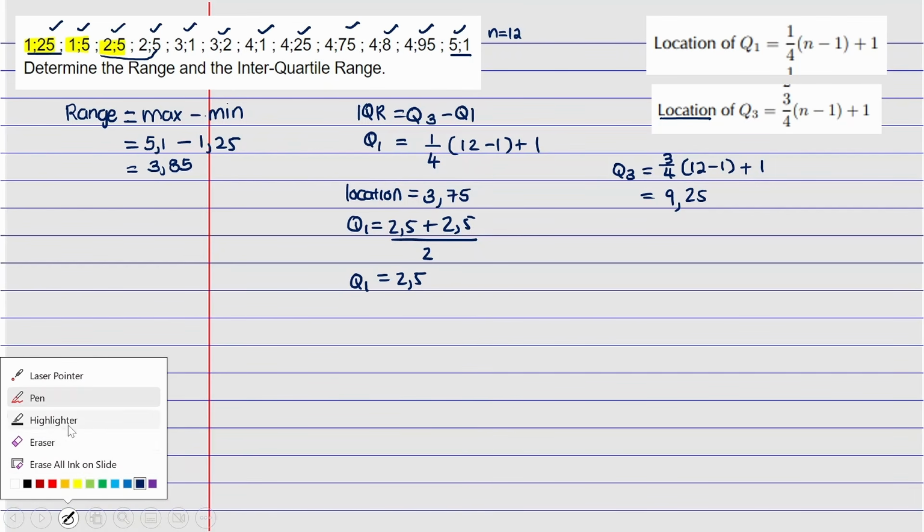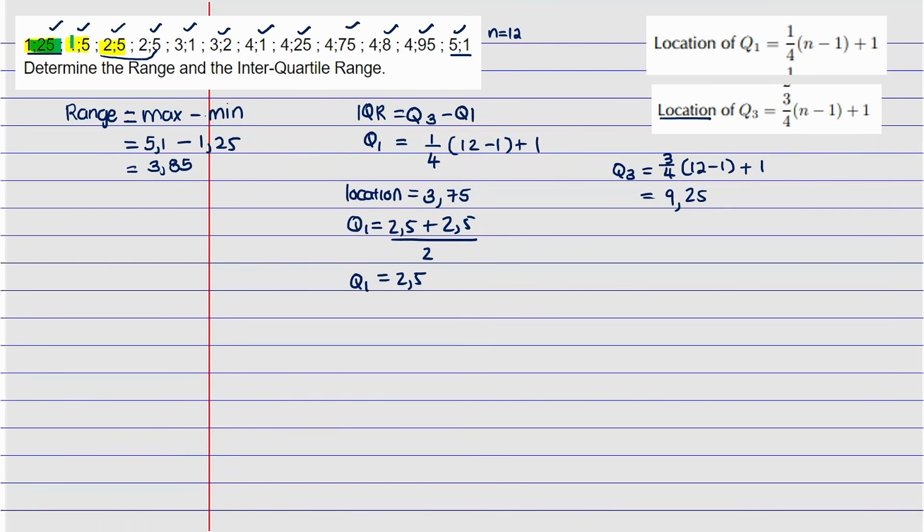So let me just take the highlighter. It's going to be 1, 2, 3, 4, 5, 6, 7, 8, 9, right? And 10. The reason why we're taking 10 is because I need these last 2 numbers since it's even. Then I'm going to divide them by 2.